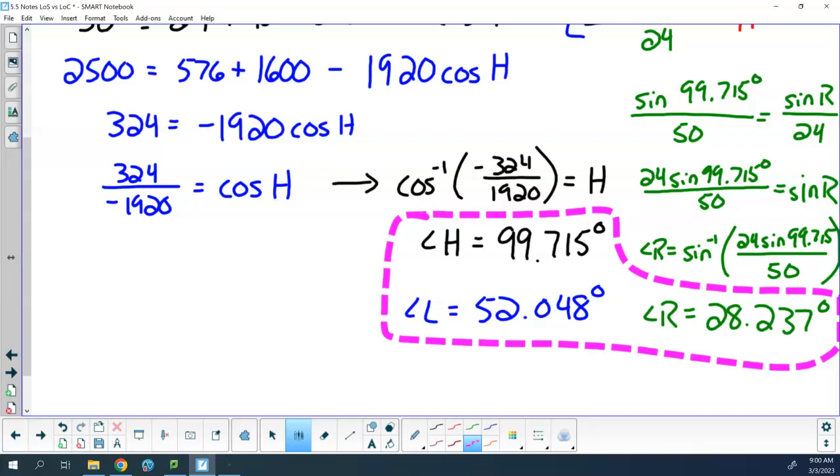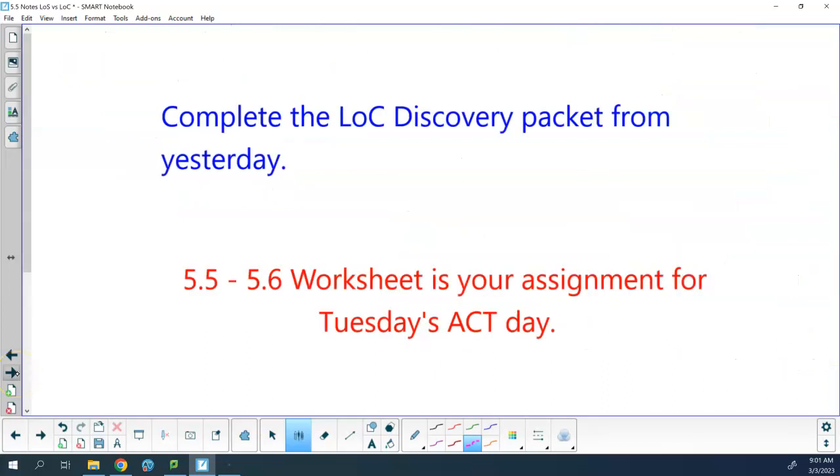Yep. So you have 2 things to get done going forward. Remember that Tuesday we don't have a class that meets because it's ACT day. So it's an independent learning day. So between now and Wednesday's class, you have the law of cosines packet from yesterday that you can complete.